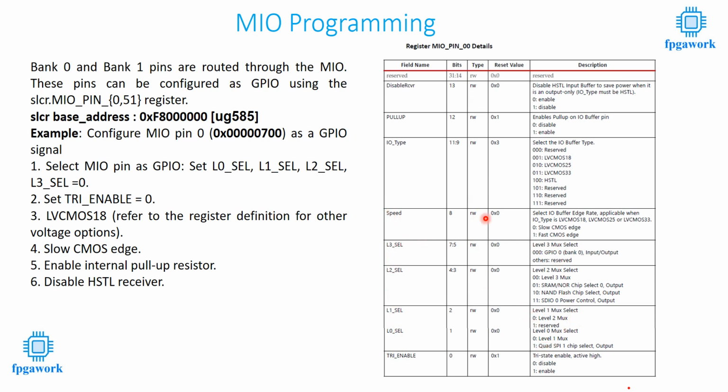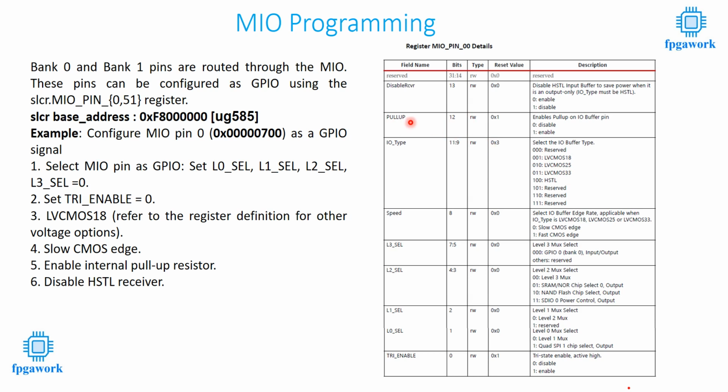For speed, you can have a slow speed for slow data rate applications, and high speed for high IO peripheral applications. We also have IO types. It can be 1.8 volt, 2.5, or 3.3 volt. You can configure according to your application.